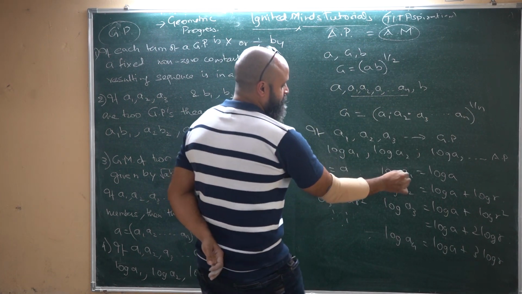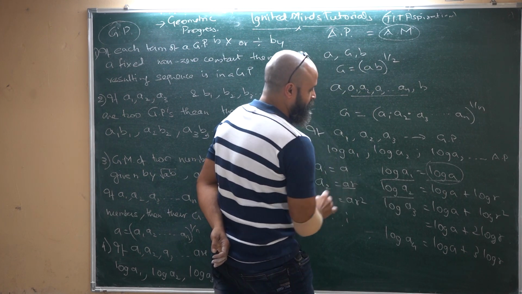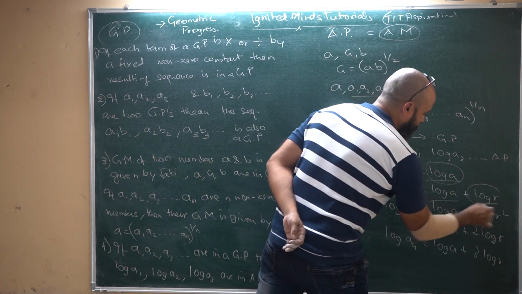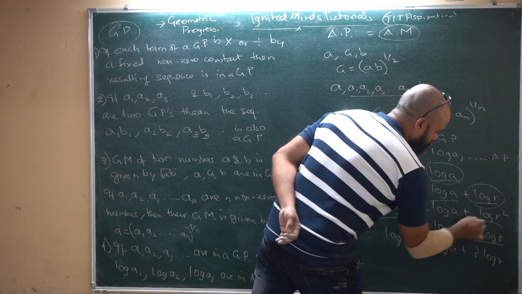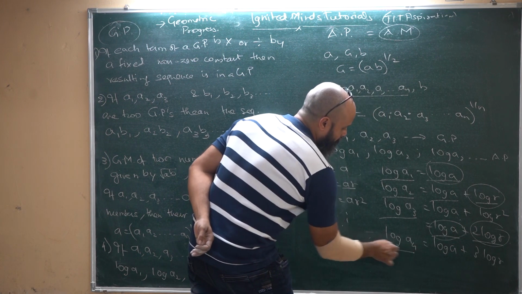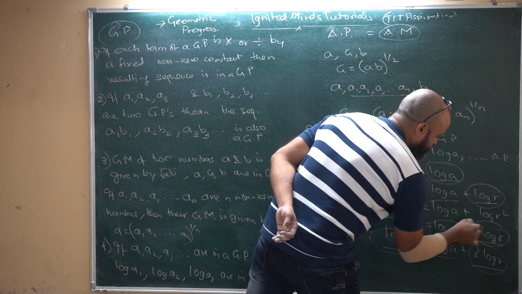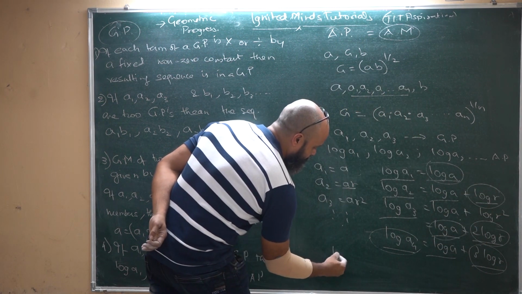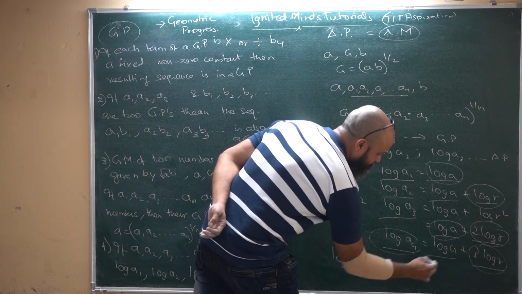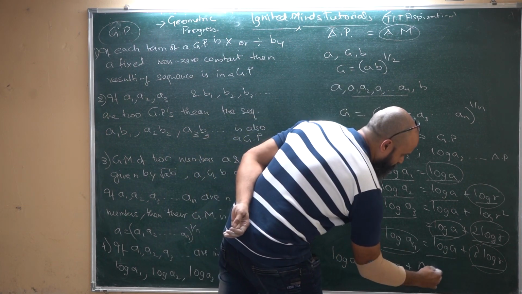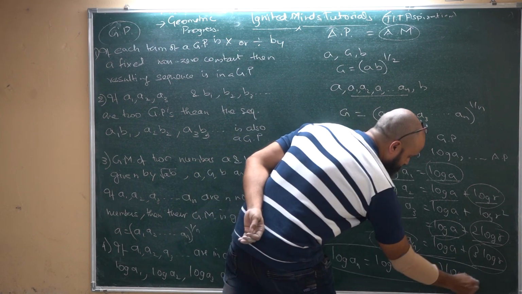If you closely notice here, log A1 is equal to log A, log A2 is equal to log A plus log R, log A3 is equal to log A plus 2 log R, and log A4 is equal to log A plus 3 log R. You see this is constantly increasing. So in this case we can write log An is equal to log A plus (n minus 1) into log R, and this is nothing but an AP.